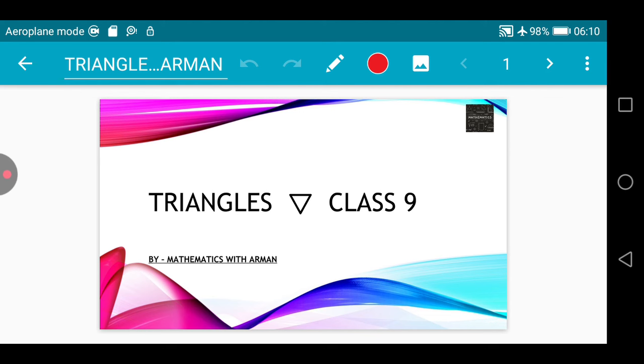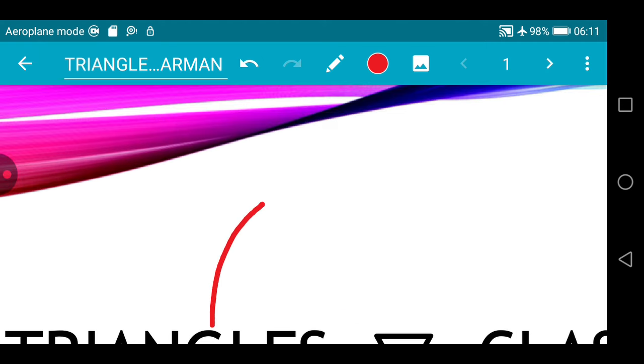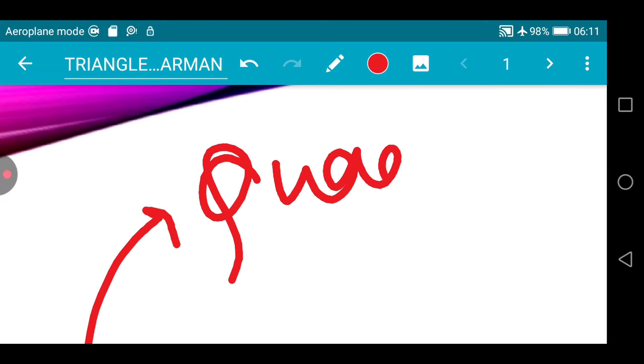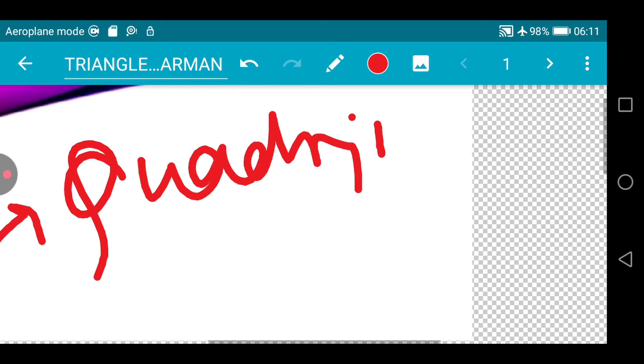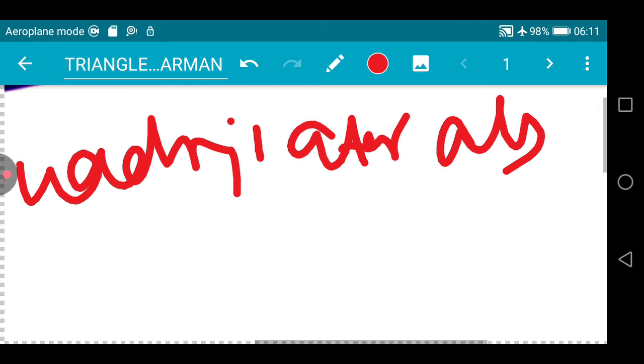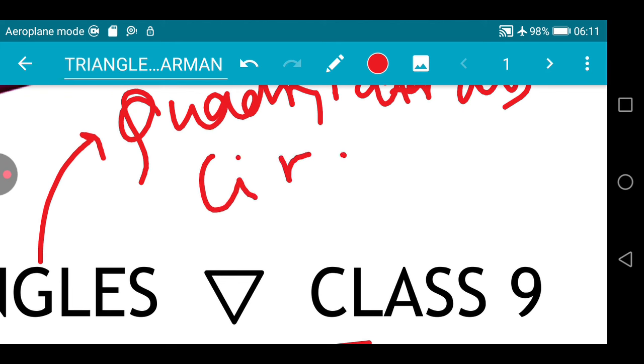So this triangle chapter lays the base for this chapter, which will also come in quadrilaterals, in proofs, or circles.